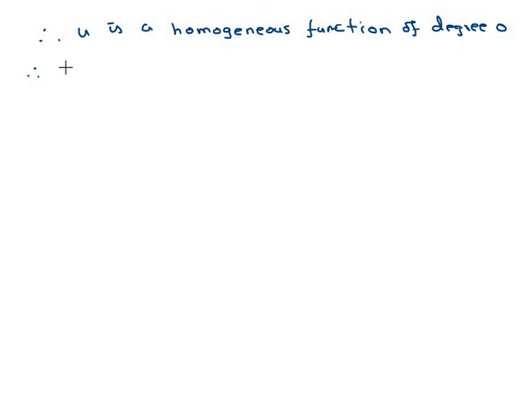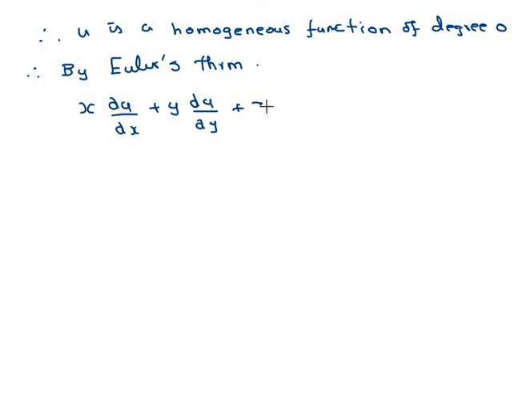Next, step 3, by Euler's theorem, x dou u by dou x plus y dou u by dou y plus z dou u by dou z is equal to n into u.